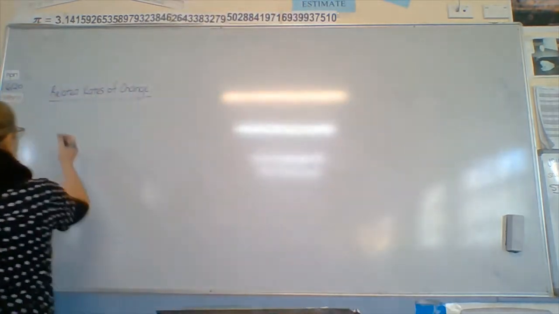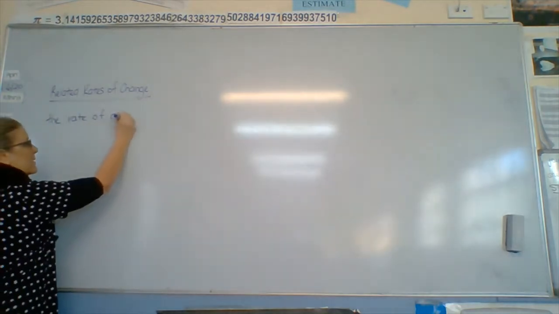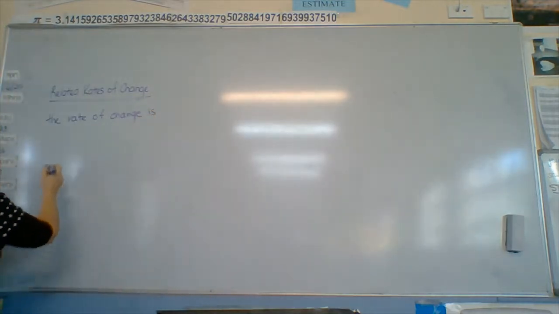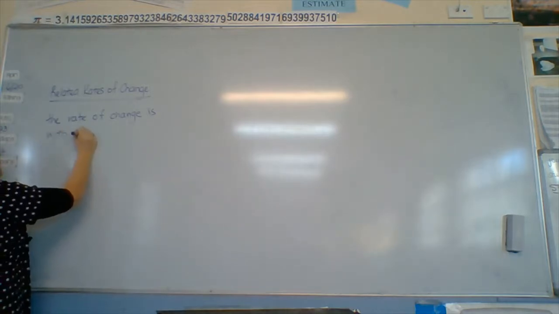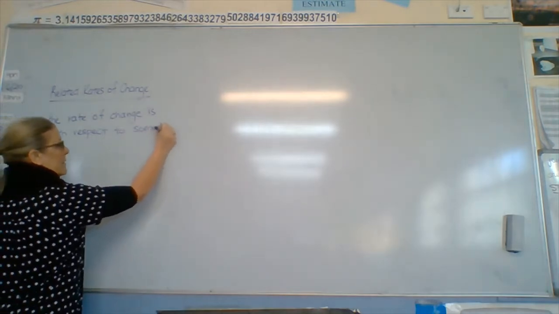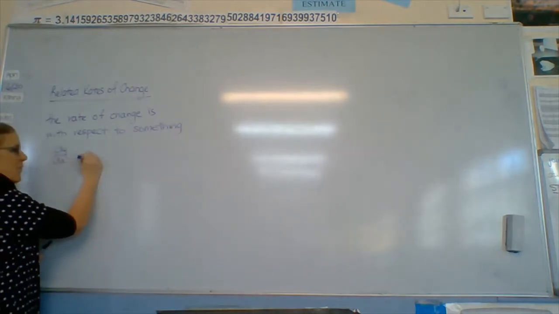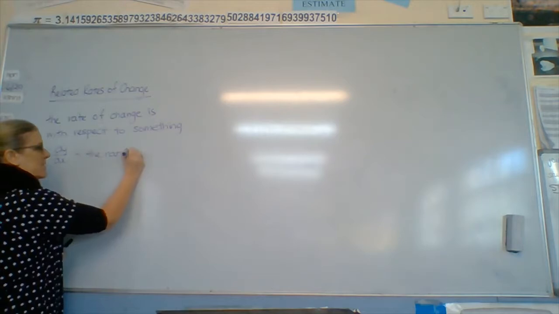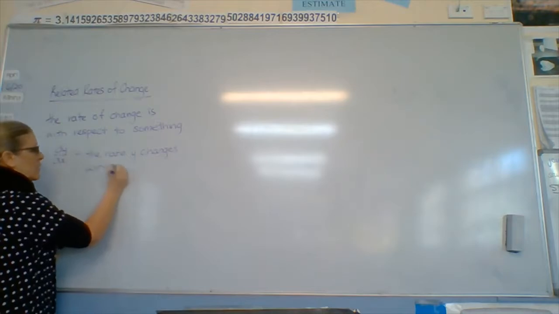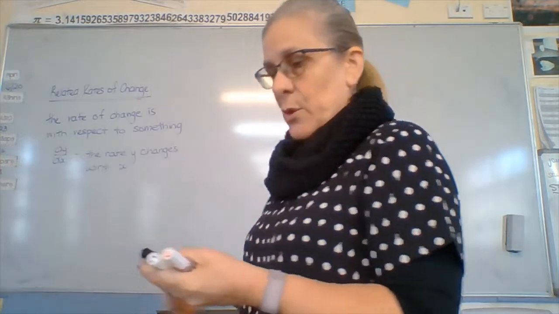The rate of change is the rate. So we've been writing this as dy by dx, the rate y changes with respect to x, all right? It doesn't always have to be a y and an x.